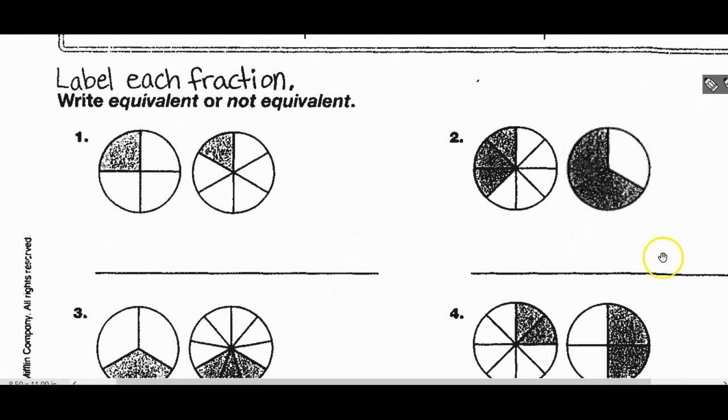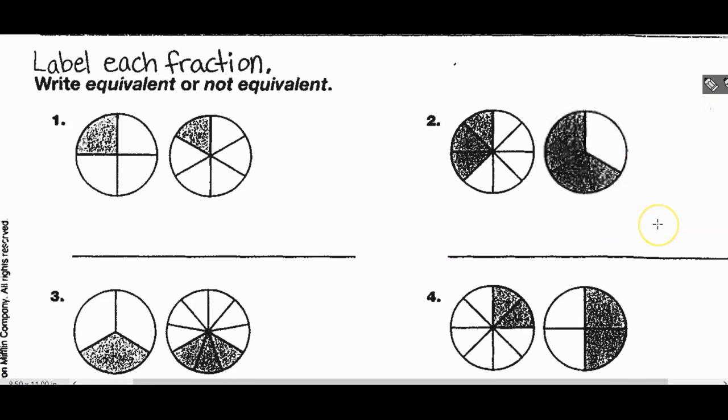So this one, it says to write equivalent or not equivalent. All right, let's see. Number 1, are they equal? Not really. Okay, because if it was straight across, look, if I drew a line across like this and the other red line like this, that would be fourths.